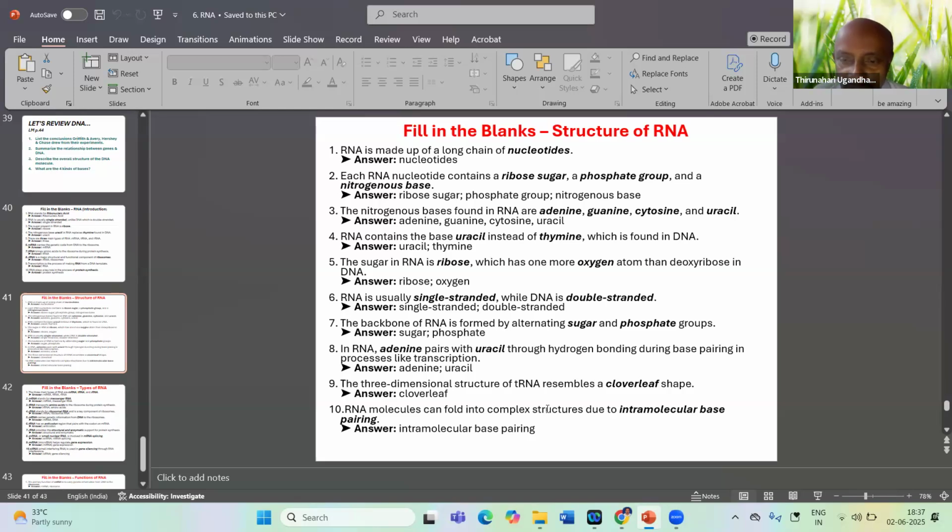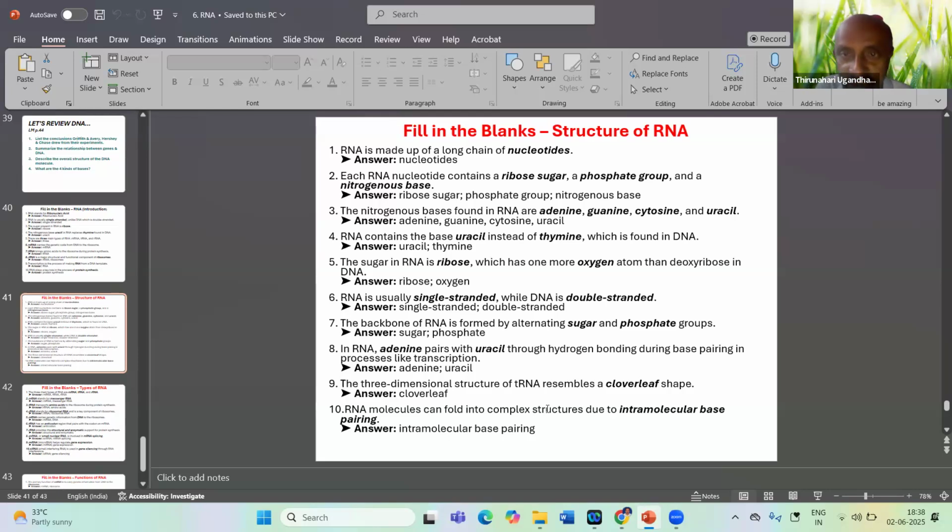Through hydrogen bonds during base pairing, the three-dimensional structure of tRNA resembles a clover leaf shape. It is important. RNA molecules can fold into complex structures through intramolecular base pairing, which is also important.